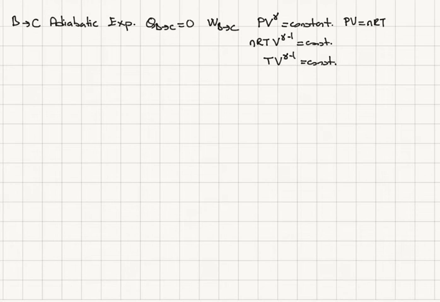Okay, so what's the temperature at point B? Point B has temperature Th. Point C has temperature Tc. And what is the volume at point B? Vb. And here I have Vc. So therefore, I find that Th times Vb to gamma minus 1 is Tc Vc to gamma minus 1.